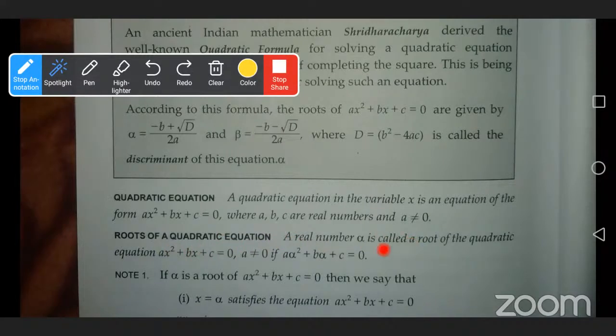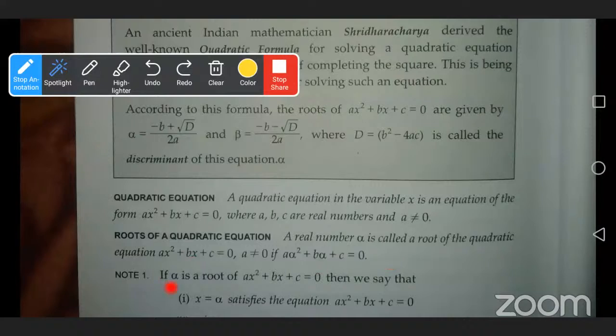A real number alpha is called a root of the quadratic equation ax square plus bx plus c equals to 0, where a is not equal to 0, if we put the value of x as alpha and we get a alpha square plus b alpha plus c equals to 0.